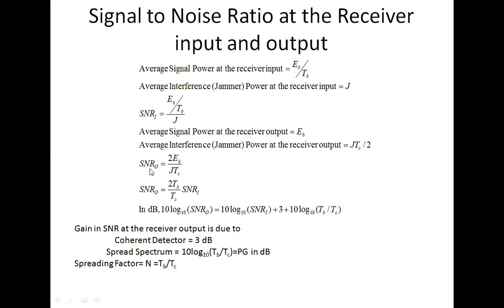So SNR_O, that is SNR at the receiver output, is given by E_b over J T_c by 2. If you rewrite it, it is 2 times E_b over J times T_c. And it can be further written as SNR_O is equal to 2 times T_b by T_c into SNR_I.